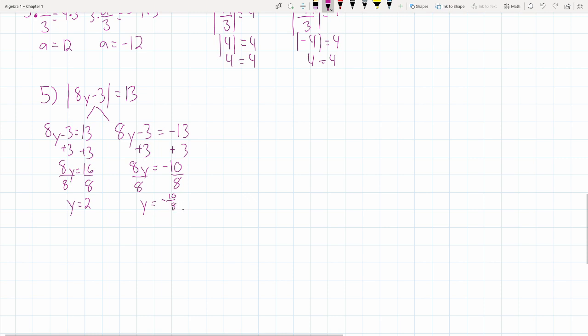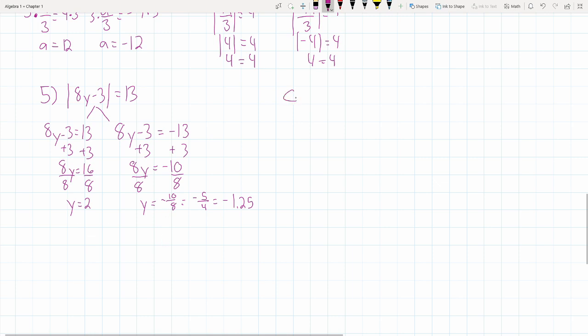If you want to rewrite this, you don't necessarily need to, though you should for writing down the answer. However, for solving, it actually makes more sense to leave it like this, we'll see that in a second. It is negative 5 over 4. If they require you to change it into a decimal, you can, and this winds up being negative 1.25. I personally like to avoid decimals as much as possible.